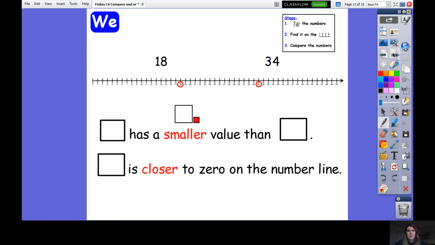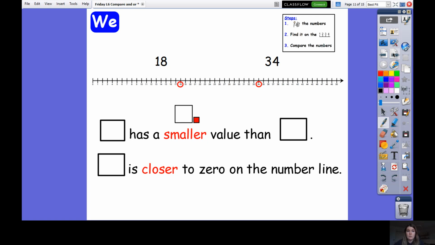All right. You're going to do this one completely by yourself. I'm going to put my number line up for you. The numbers you are looking for are 18 and 34. We find them on the number line, circle them, and then we compare. What are we comparing? The smaller value.